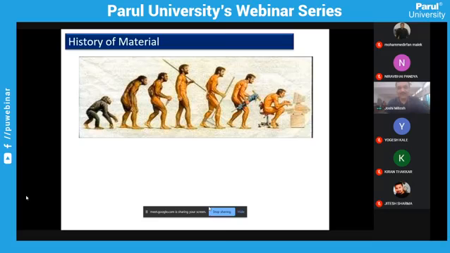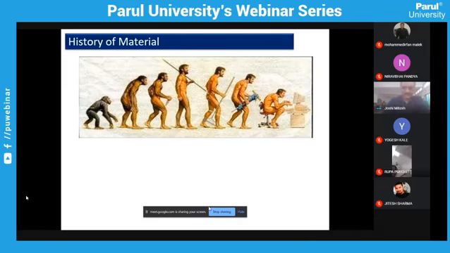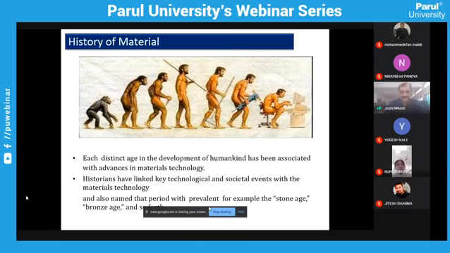All these ages, starting from humankind, have been named after the materials. As I said, each distinct age in the development of humankind has been associated with advances in material technology, and it is named according to that.